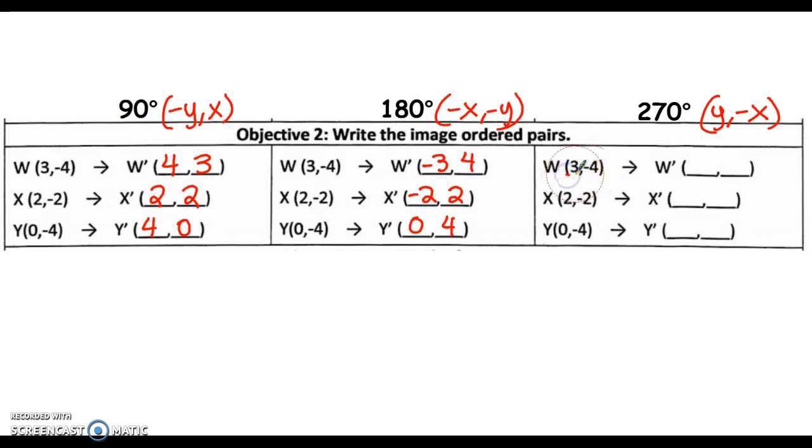Once we swap them, it becomes negative 4, negative 3. 2, which is our x value, will become negative 2. Once we swap them, it is negative 2, negative 2. And finally, 0 will just stay the same. We can't make a 0 negative. So once we swap them, it will be negative 4, 0.